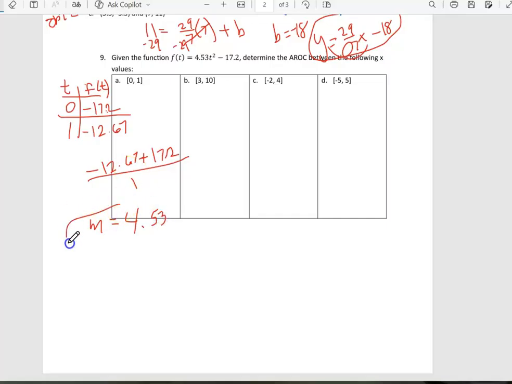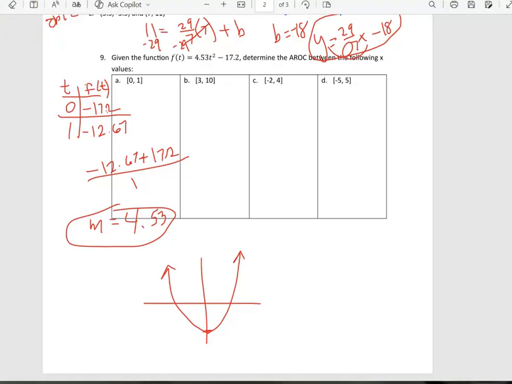between 0 and 1. Okay? Now remember, I think this graph looks something like, it's down here at negative 17.2, and it goes upwards.